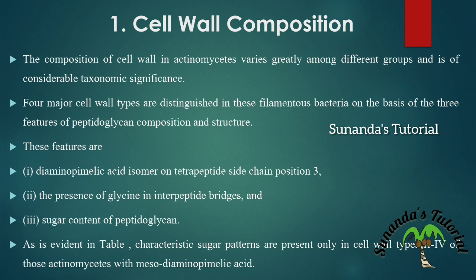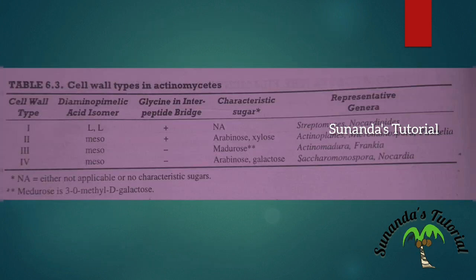As is evident in the table on the next slide, a characteristic sugar pattern is present in three types of Actinomycetes, those Actinomycetes with meso-diaminopimelic acid. So let's have a look at this table. Four types of cell wall are found among the groups of Actinomycetes.